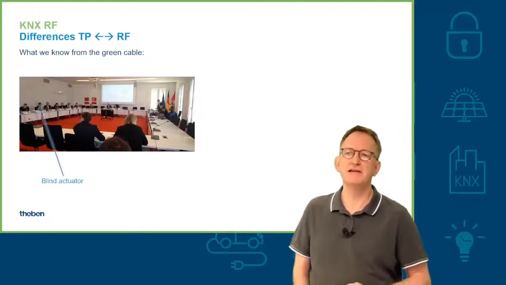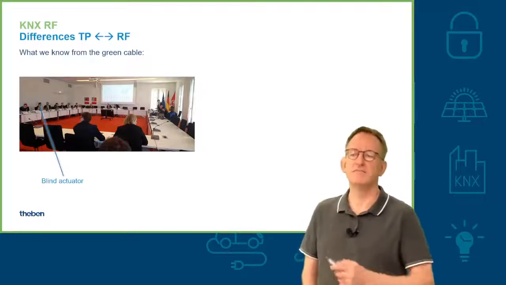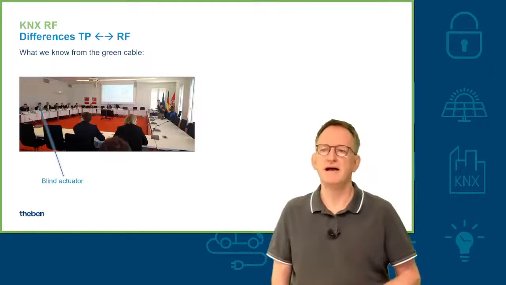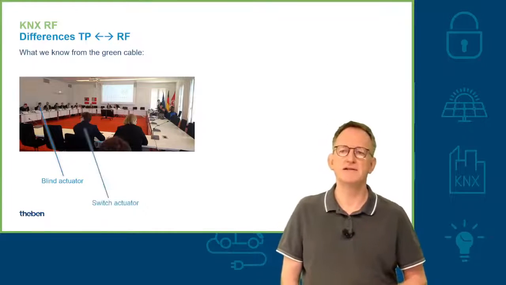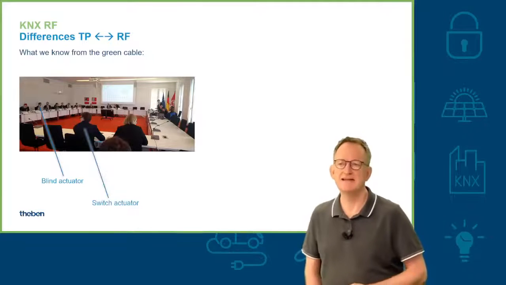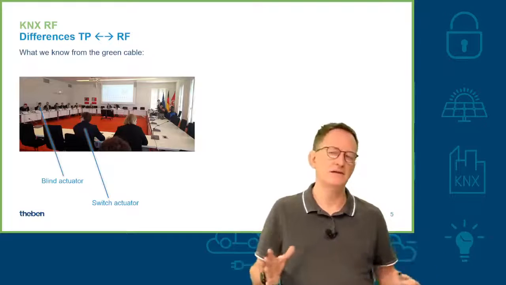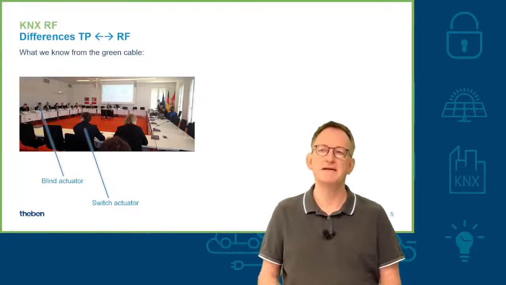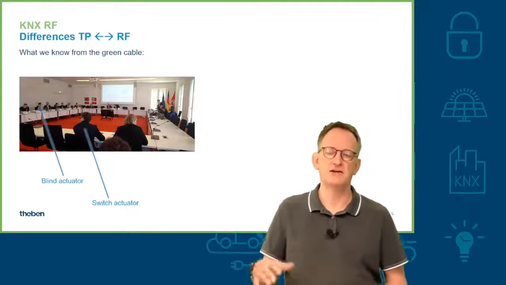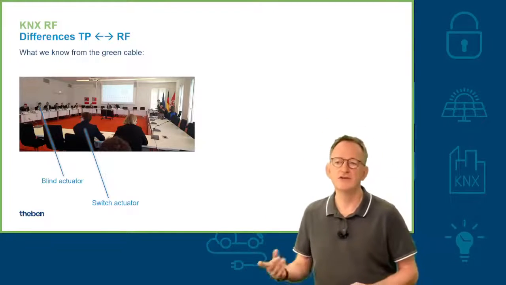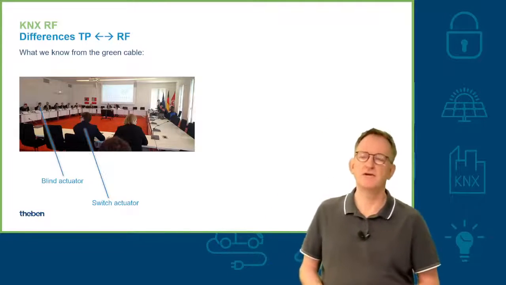If the blind actuator, that one person here, would like to talk to the switching actuator by sending a telegram, he will wait until all the people in the room are quiet. Then he will send the telegram from the blind actuator to the switching actuator. The switching actuator will confirm the telegram, and done.